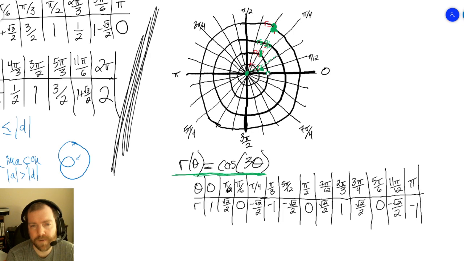That means we're going to get something that looks, roughly speaking, like this. And then at pi over 4, we're going to get a negative root 2 over 2. So negative 0.707 is like back this way. And so this means that this has to have come through here, connected with this point.